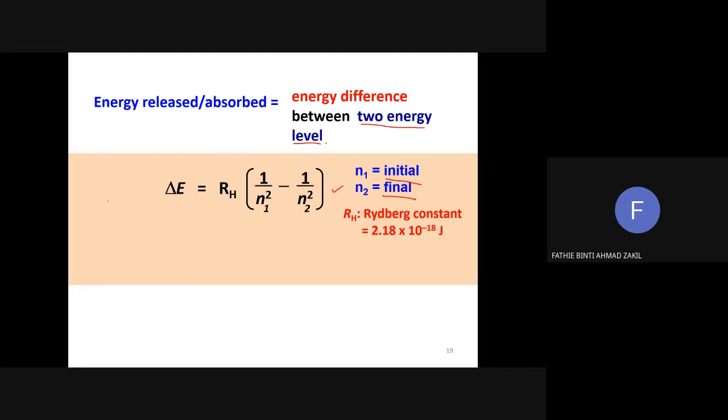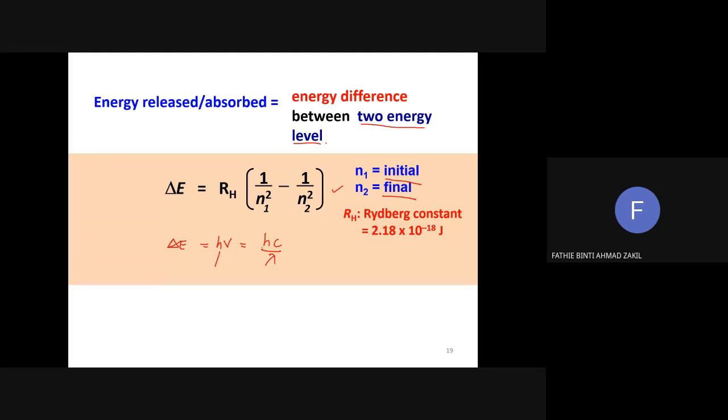Okay, kita kena tahu juga delta E ni. Delta E ni adalah juga bersamaan dengan HV, sama juga dengan HC over lambda.